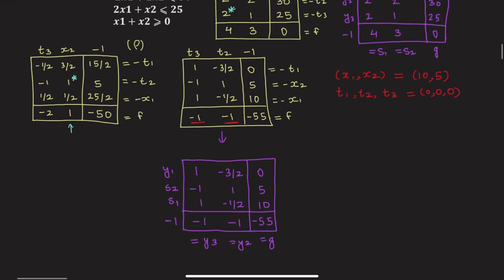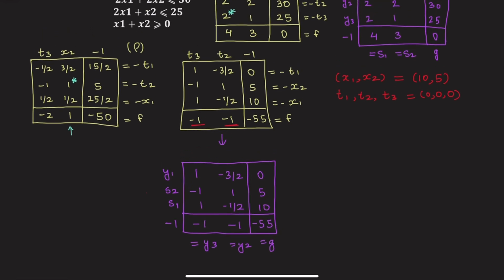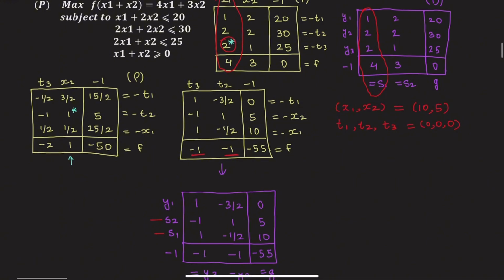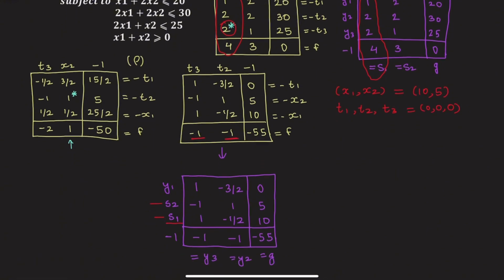So how do I get these s1 and s2? If we refer back to our first pivot, our first pivot 2 was in the first column. Now if we refer to the dual tableau, the first column corresponds to the slack variable s1. That's why we have s1 for this row.